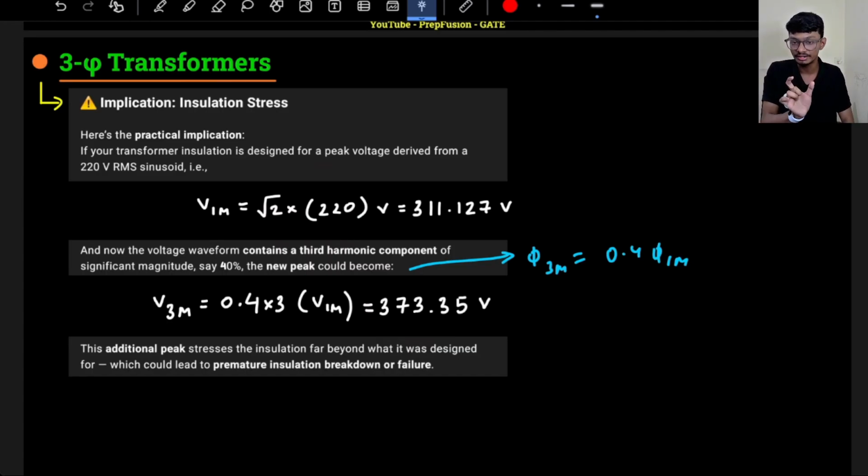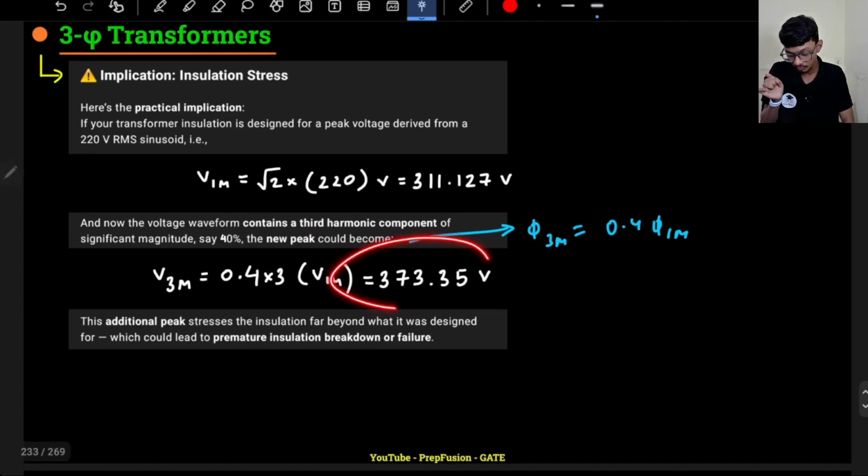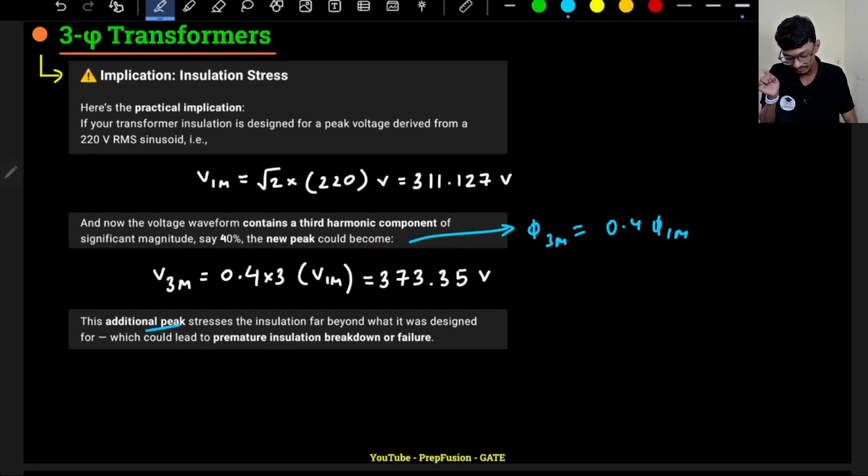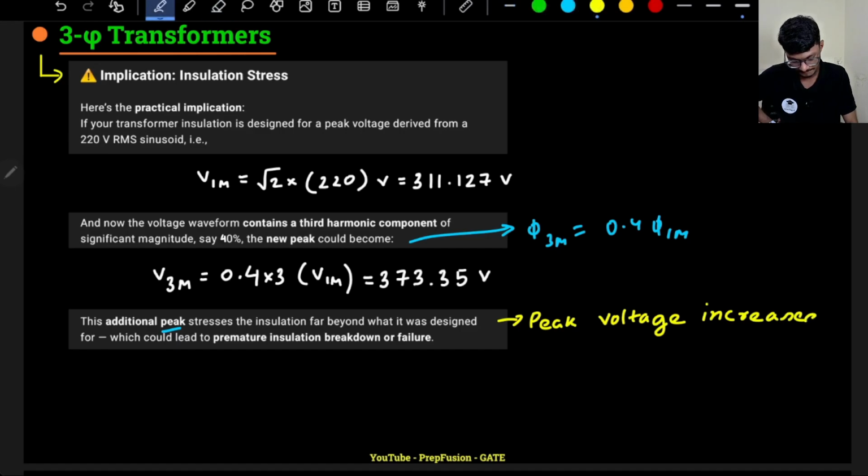Whatever the peak voltage that will come across that device. So the peak voltage increases here.